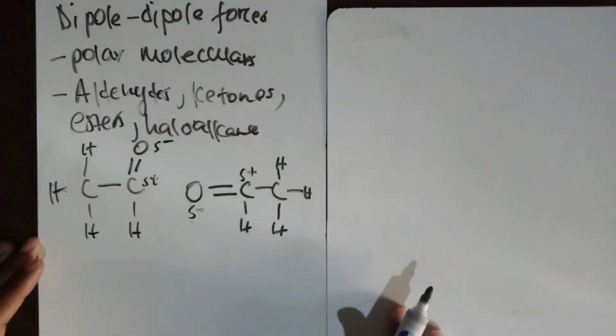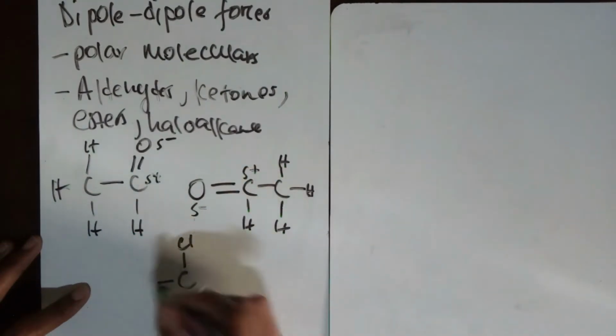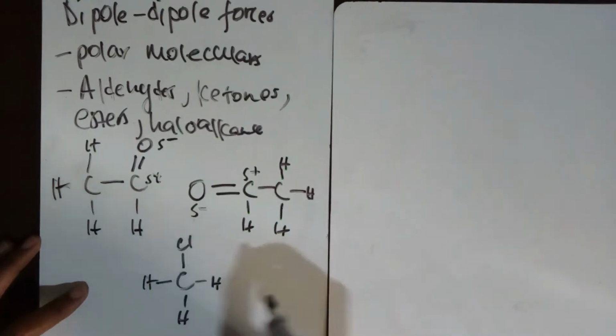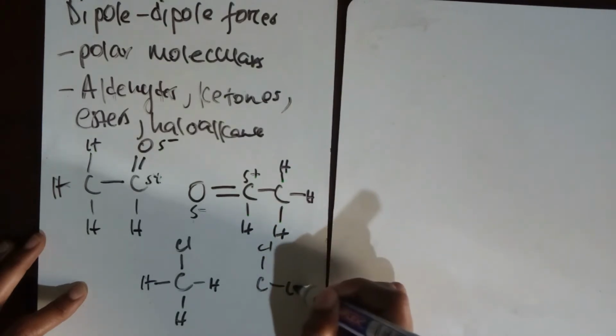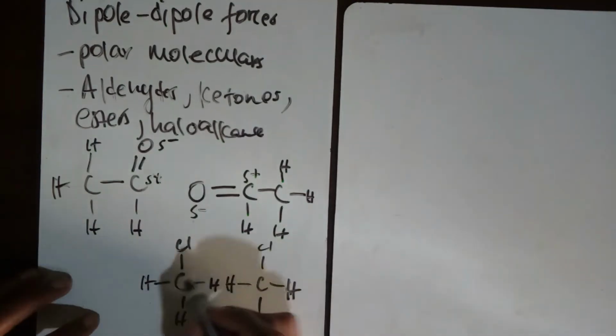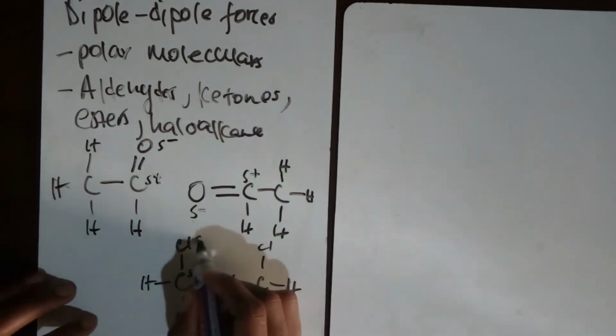So remember, it's the same thing with haloalkanes. Let's take this one, we have chlorine there, and then we can take another, this is H here. This part will be slightly positive, and this part will be slightly negative.